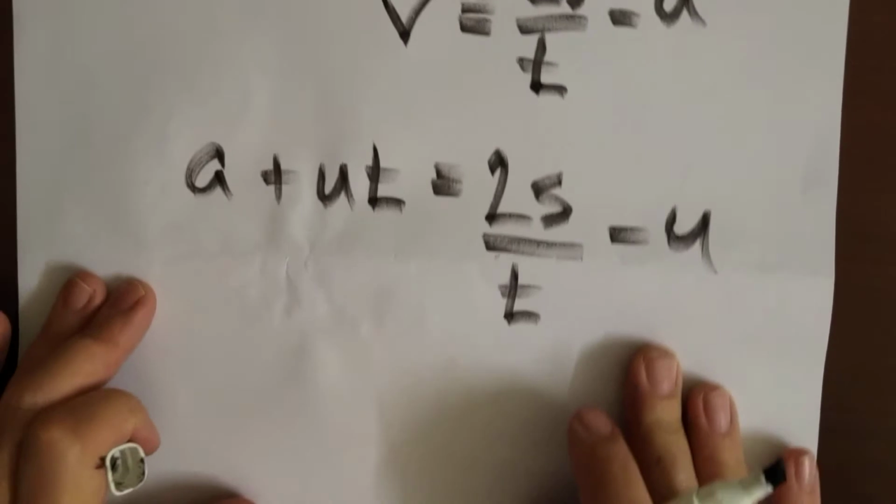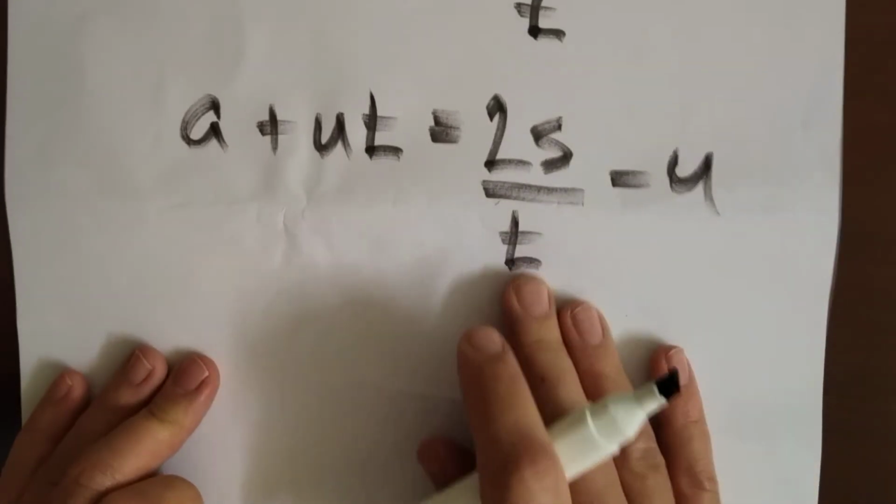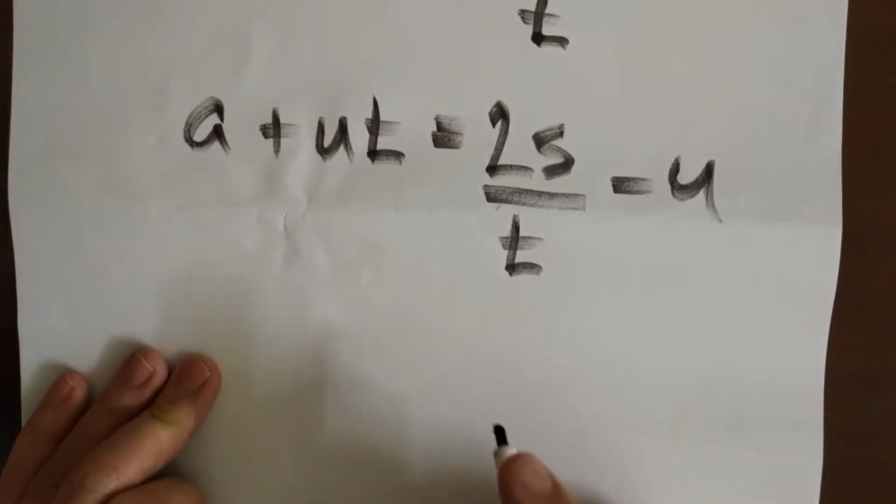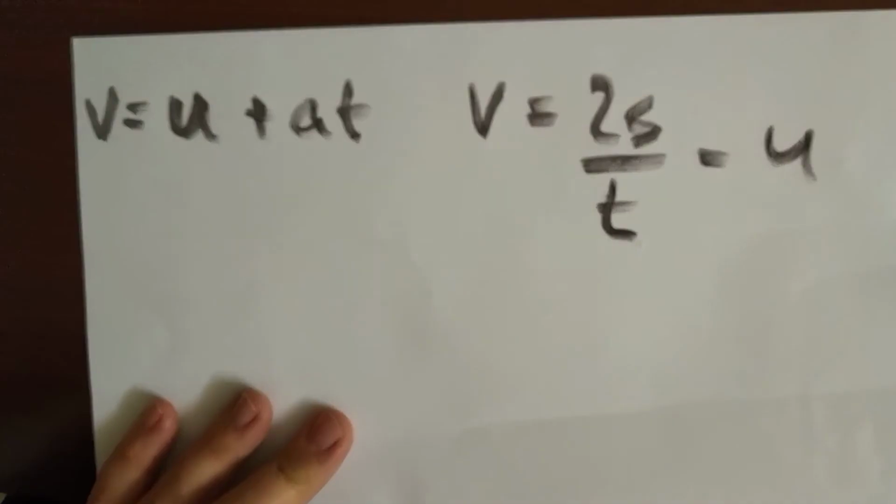So now if I just do a rearrangement, and I'm going to try to isolate s, but first I have to get the u on the other side.